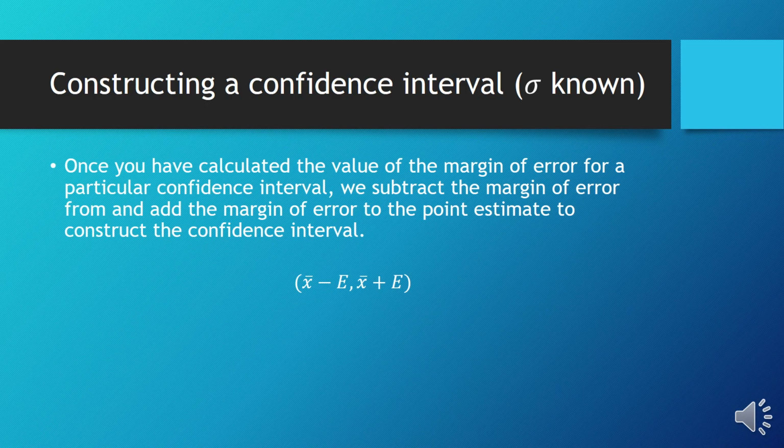It's got the little parentheses around the end, and we have the sample mean minus the margin of error, comma, sample mean plus the margin of error. So the sample mean here, x bar, represents the point estimate, and then E represents the margin of error. Now, this again is if you're constructing the confidence interval by hand. I'm about to show you how to construct a confidence interval using just your calculator.